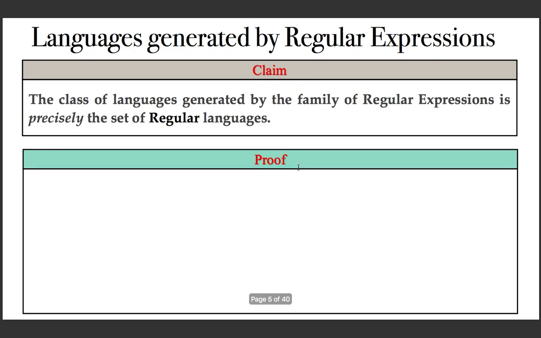And to prove this, there are two cases. The first case is that any regular expression is representing a regular language. And the case 2 is that for any regular language, we can have a regular expression. So we will prove this claim using two subclaims.